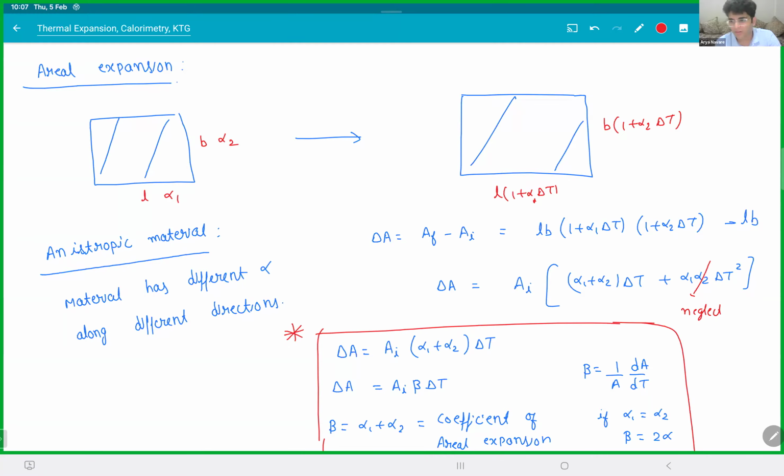Sir, what if we can't define the material's expansion in two alphas, then what will we do? That happens with glass. Glass has different alpha at different points. That means your alpha is changing with position, no? Then it becomes variable actually. Then beta will also change with x. Then it becomes like the question which we did.